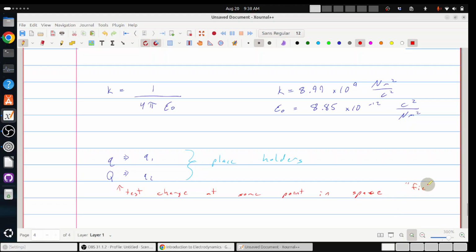When I get to some other things, this is the field point. And this is our source charge at a specific location in space.